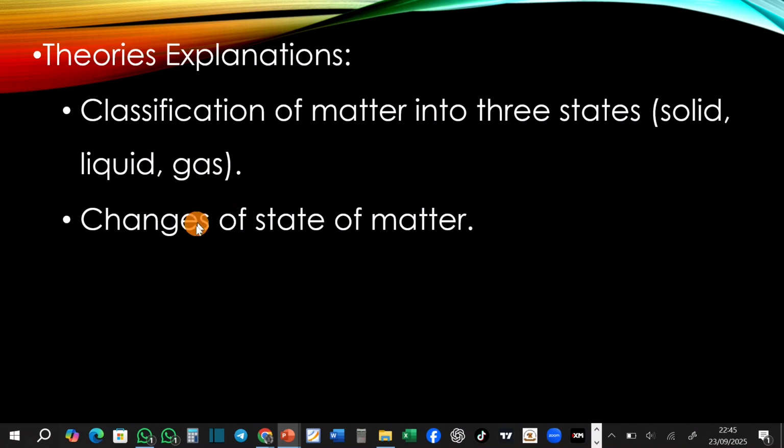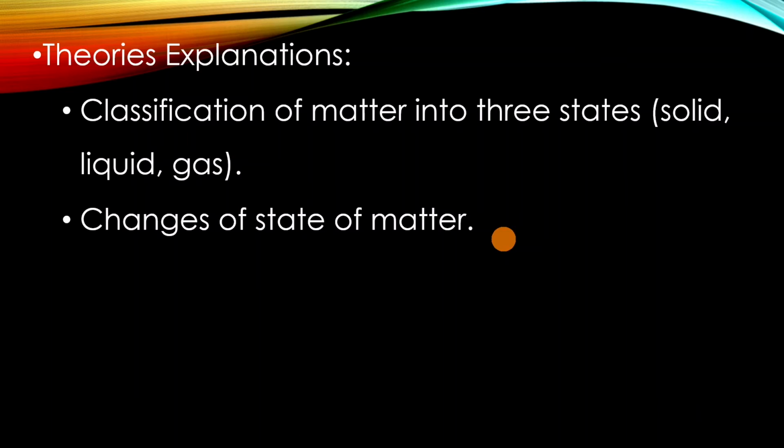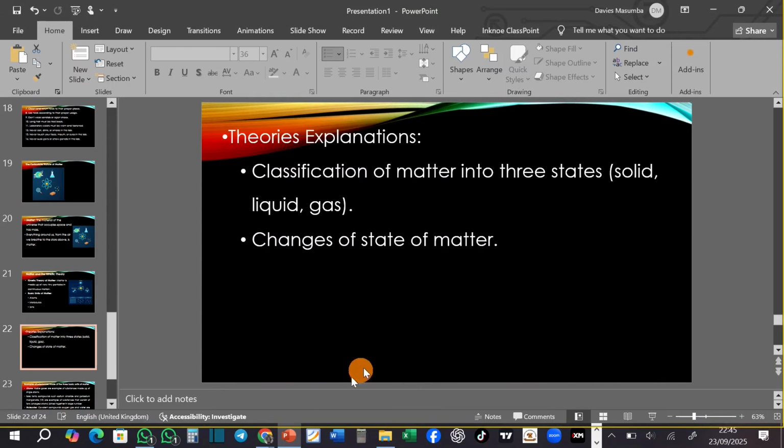What else? Changes of state of matter. You know, matter undergoes changes of state. One example is change of state from liquid to solid, which is freezing. If you get a liquid like water, put it in the fridge, it will change into a solid thing. Okay? So, as it changes into that solid thing, what happens?